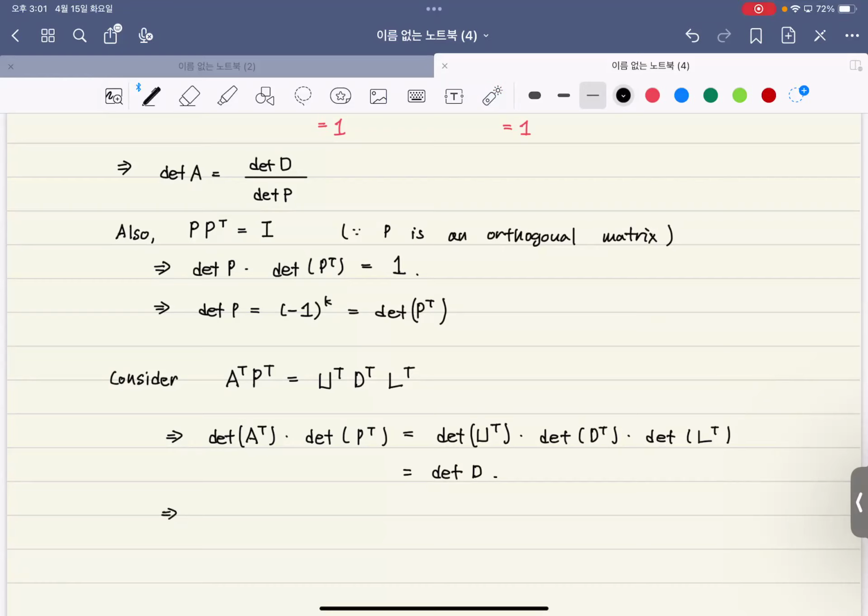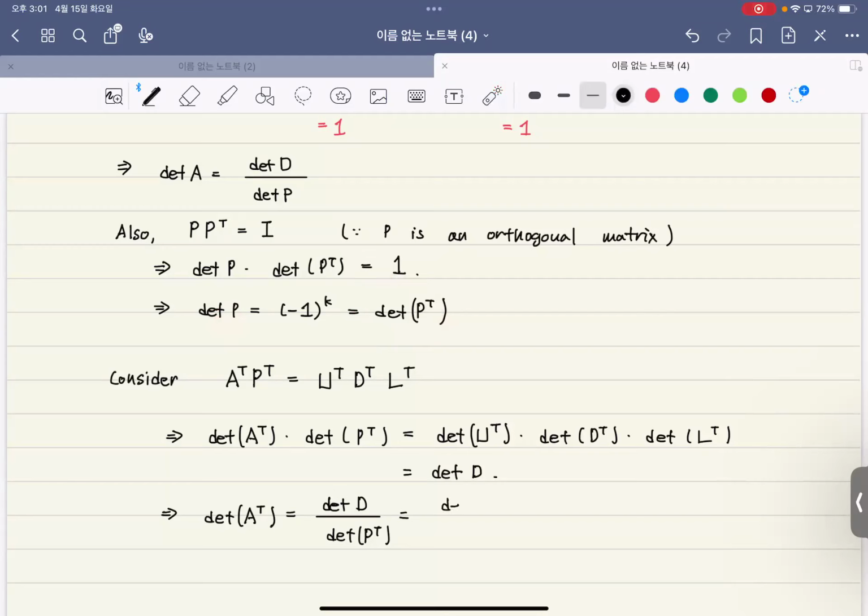So determinant of A transpose is determinant of D divided by determinant of P transpose. But we already know the determinants of P and P transpose must be the same.